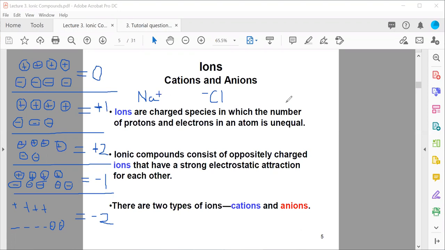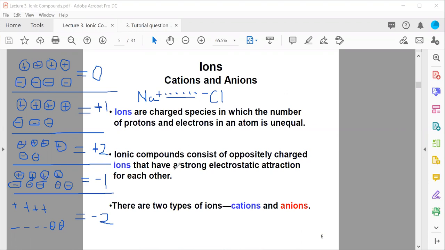There will be an attraction. Opposite charges attract. So there is the attraction between them, and this is referred to as an ionic bond that forms between those two atoms.